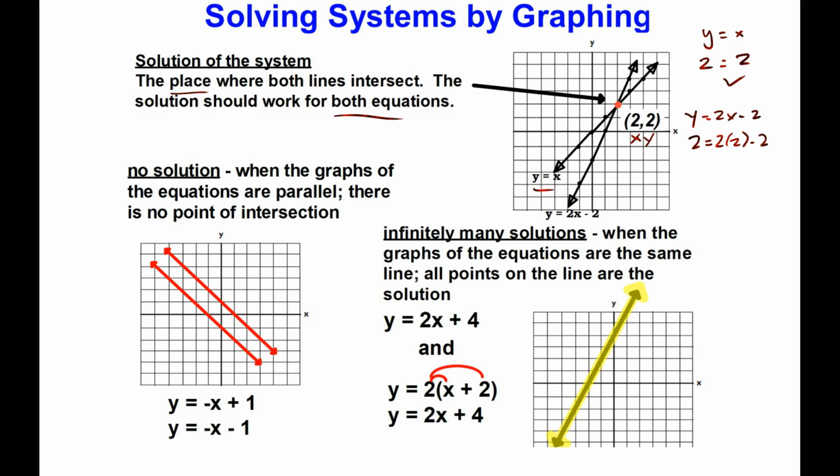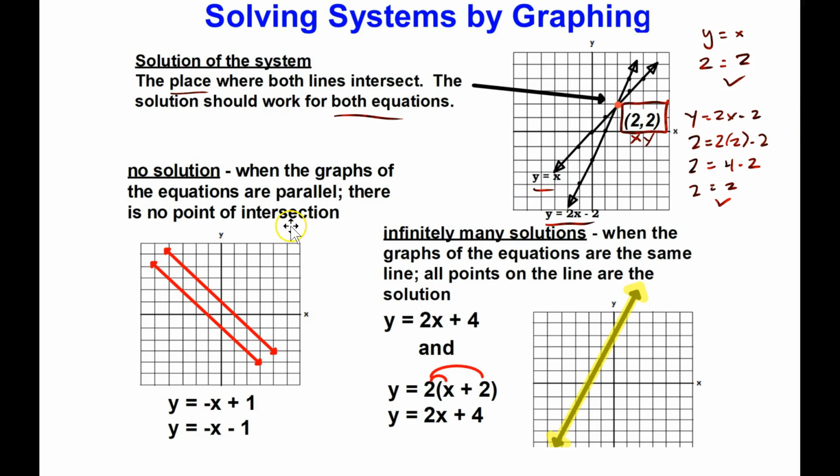Let me slow down. I hear somebody saying, "You're going too fast, Mr. O'Neill." All right. So we get 2 equals 4 minus 2, and so 2 equals 2 is another true statement. So the point (2, 2) is a solution because it makes a true statement for both equations. And also it is a place where both lines intersect. Okay, that's the first thing.